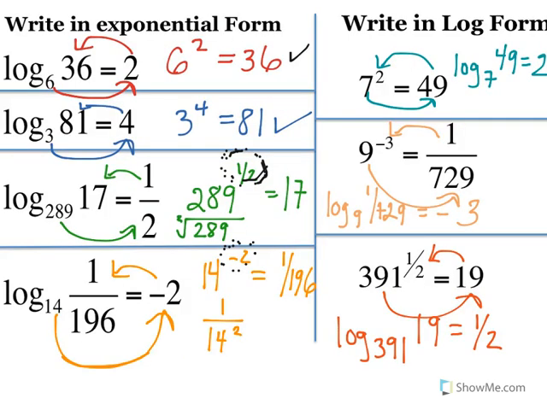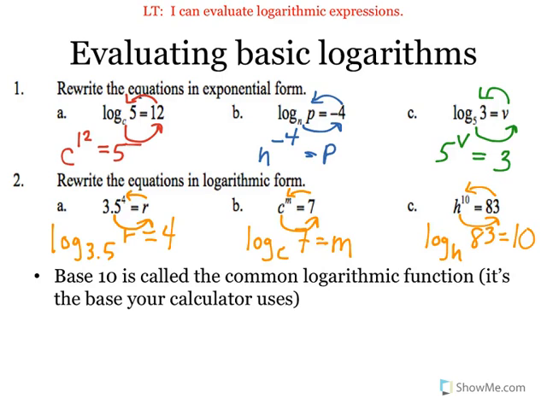I will take you back to the beginning again, right here. Okay, down there in the orange. Remember, I can rewrite a fraction as a whole number with a negative exponent. So I can rewrite 1 over 14 squared as 14 to the negative 2 power.